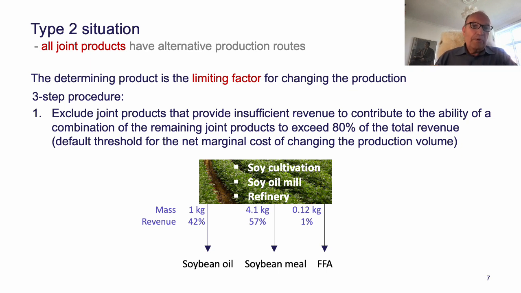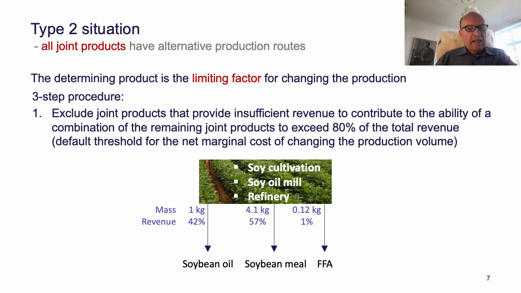Per kilogram of soybean oil produced, we have 4.1 kilogram of soybean meal and 120 grams of free fatty acids. The revenue provided from these 3 products is respectively 42%, 57%, and 1%.